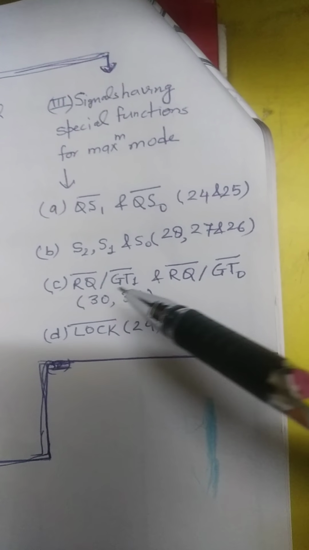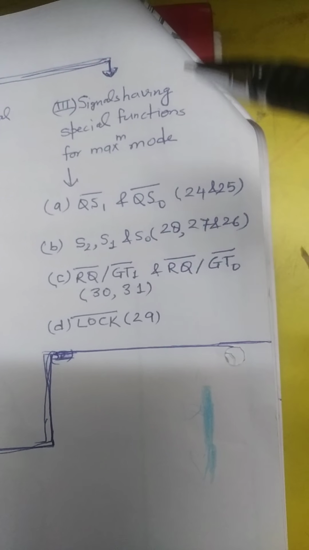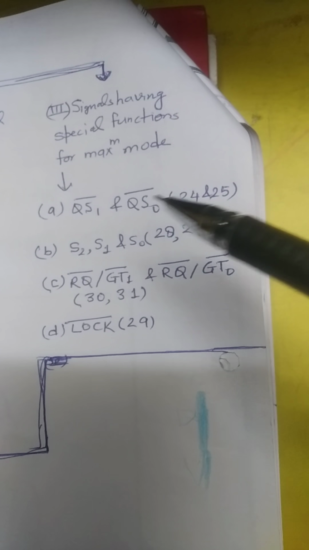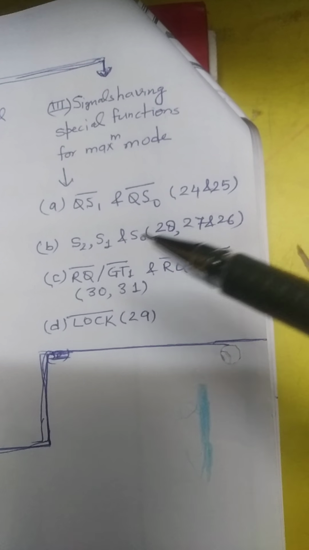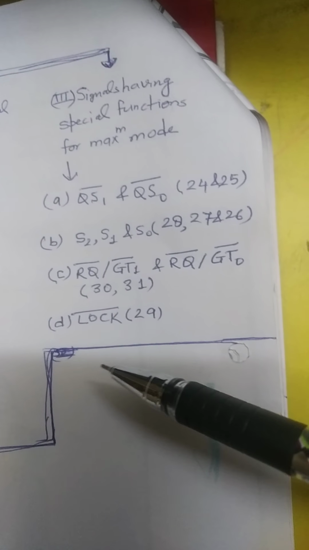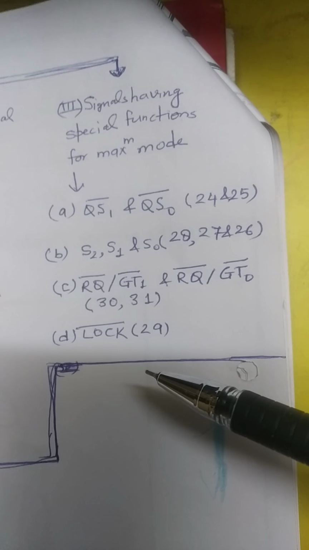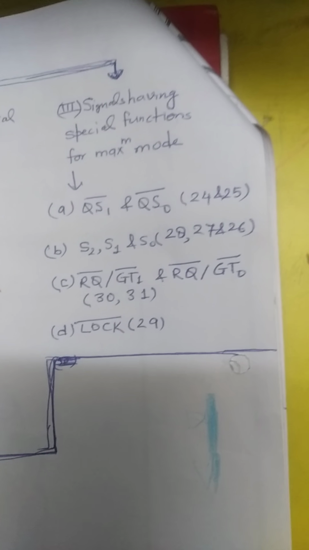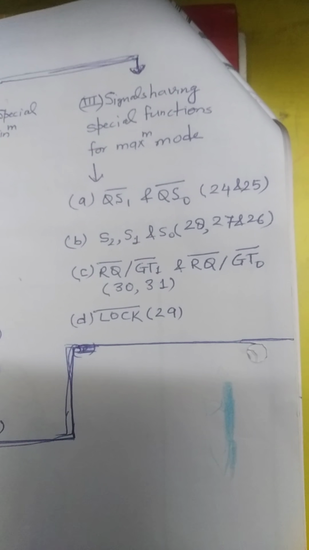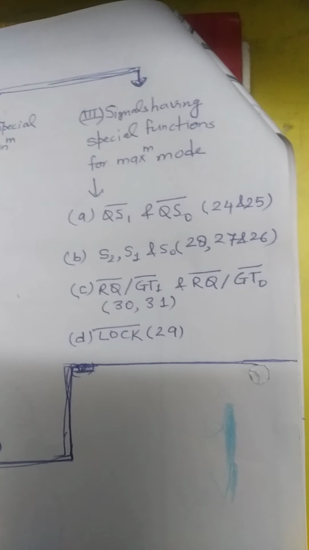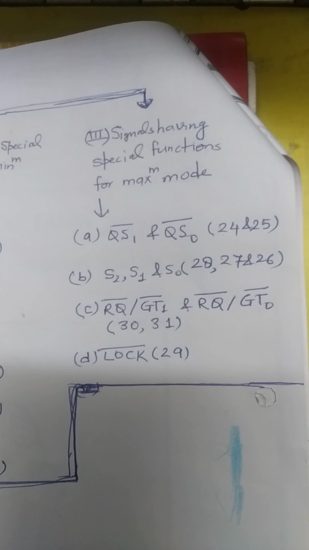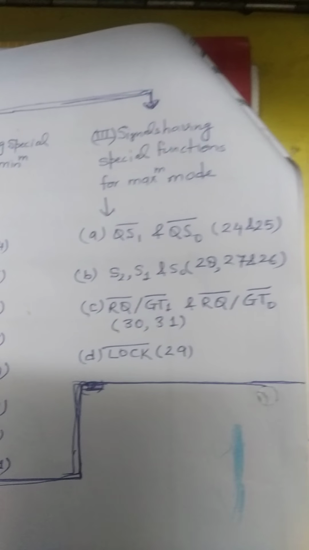Apart from these, some other signals in maximum mode of operation are QS1, QS0, S2 bar, S1 bar, S0 bar and LOCK bar. LOCK bar is the signal at pin number 29, and when the signal at this pin is low, then the data bus of the microprocessor is in lock condition, not available for any other device to use it.